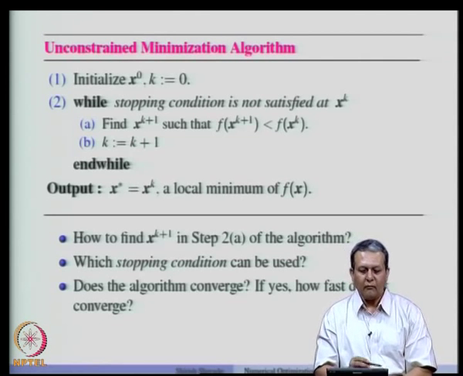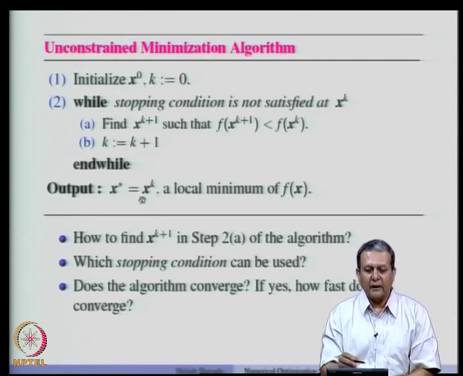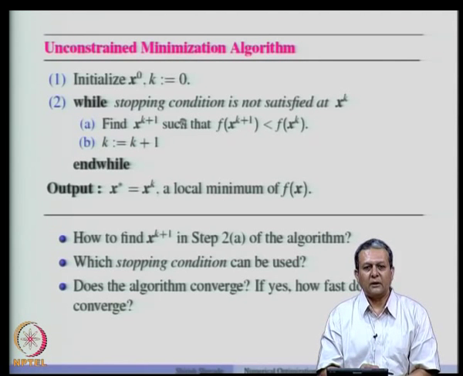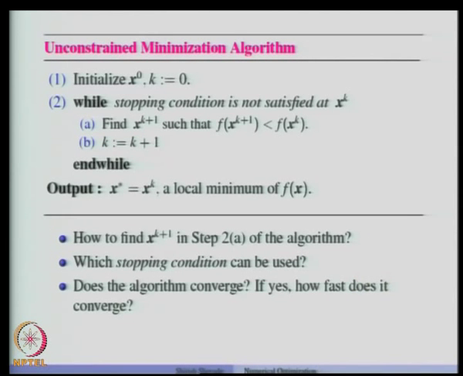Then, suppose we have identified a method to generate xk plus 1, and we also found the stopping condition. Has the algorithm converged to a minimum, and if it has, what was its speed? This is also an important question, because sometimes the speed of an algorithm is an important issue, and care has to be taken to ensure that the algorithm converges fast to the solution.